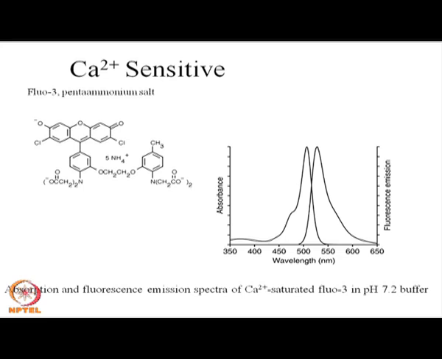This system has a strong fluorescence in the presence of calcium 2 plus, and there is some interaction between this one and that one, as a result of which some geometrical alteration leads to this fluorescence change.